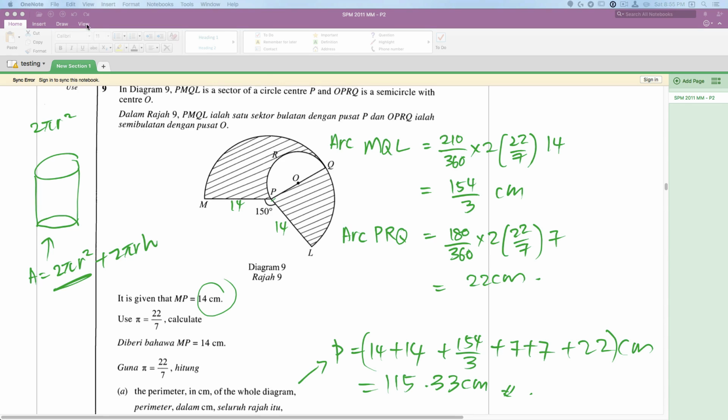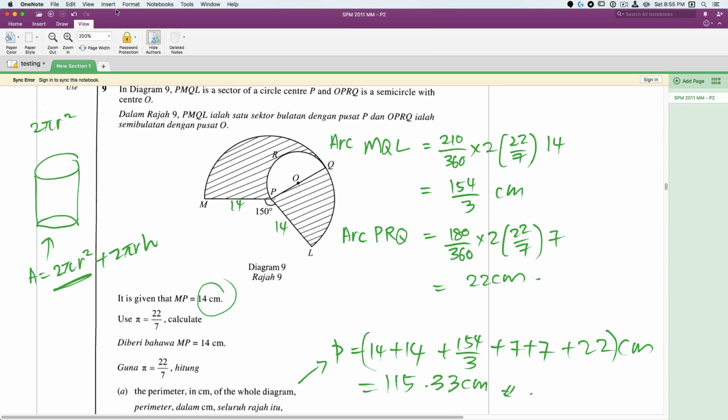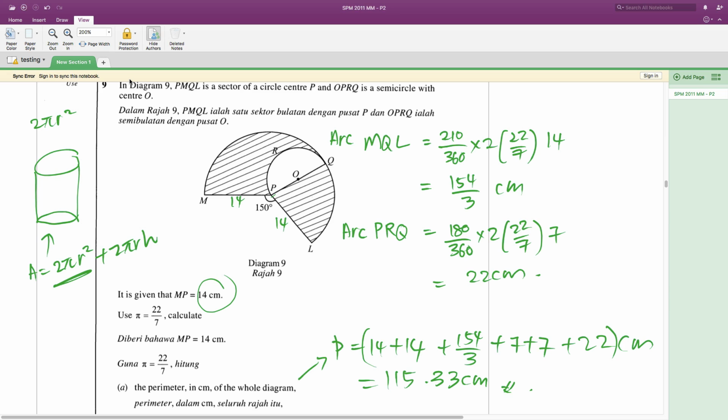Maybe first thing is I make the view into full screen. Oops, what happened here? Okay, let's come back to this one.